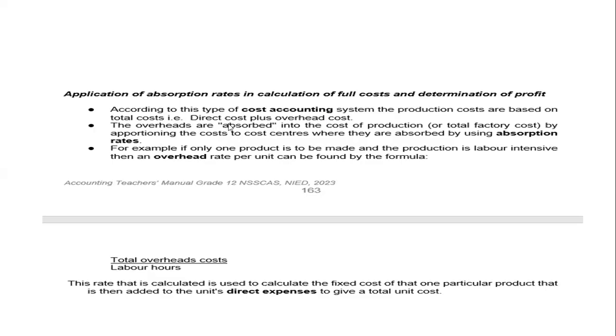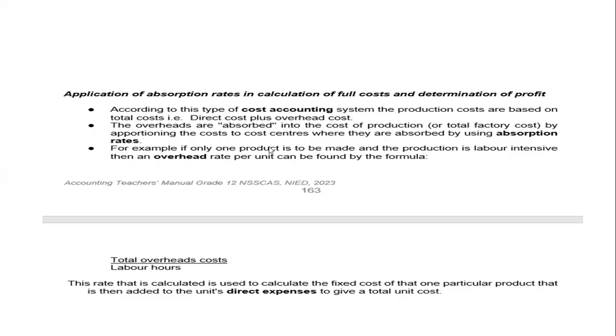The overheads are absorbed into the cost of production or total factory cost, by apportioning the costs to cost centers where they are absorbed by using absorption rates.